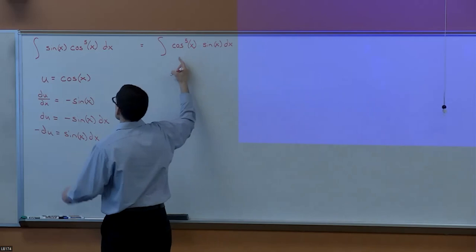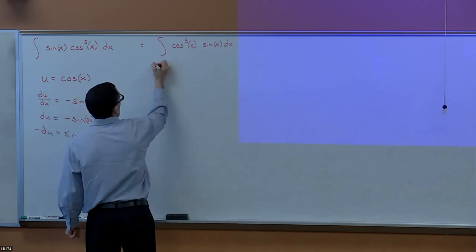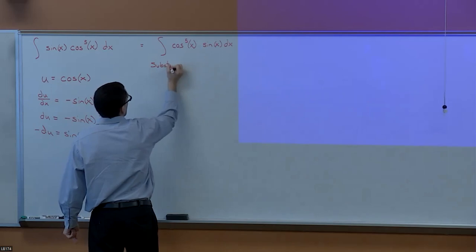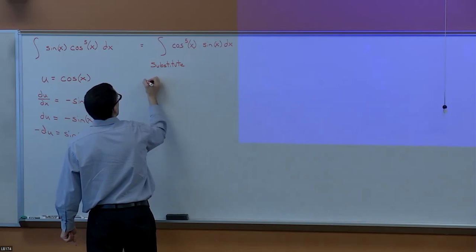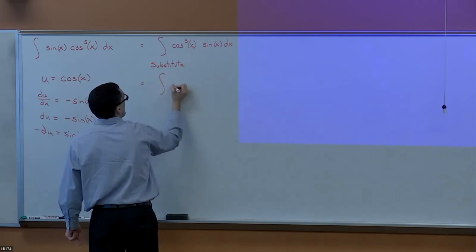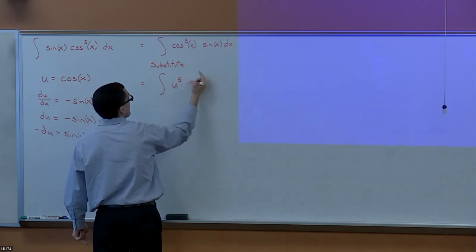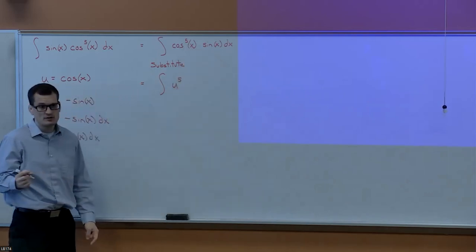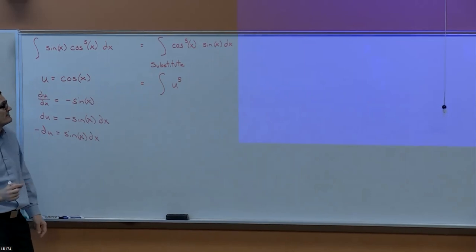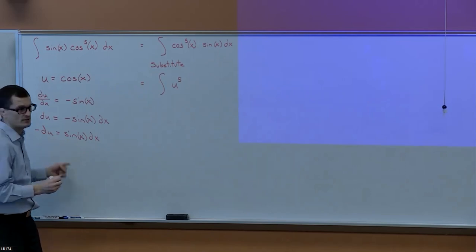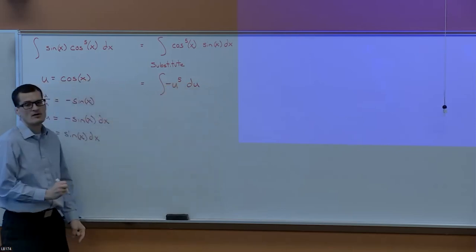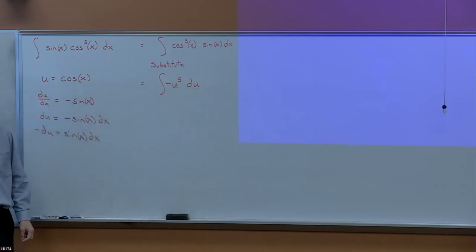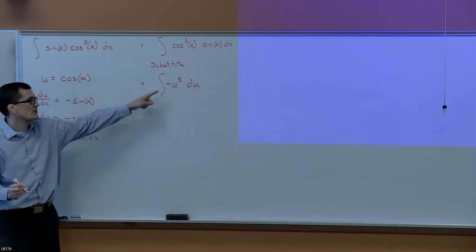This cosine of x is just u, so now I substitute. That's u to the fifth, cosine to the fifth is u to the fifth. And then sine x dx gets exchanged for a negative du. I'll put the negative in front of my u to the fifth. You could also put it in front of the integration.